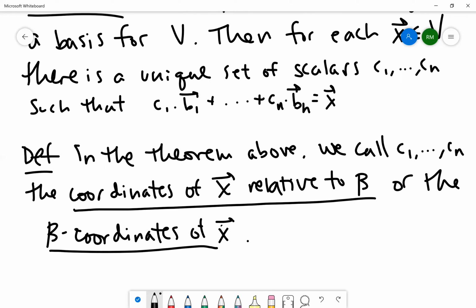Basically, these beta coordinates, or the coordinates of X relative to beta, tell us how to write X as a linear combination of the vectors B1 through Bn, which are the bases.